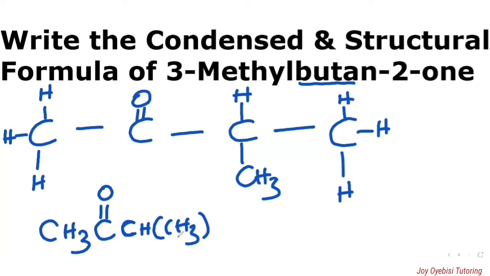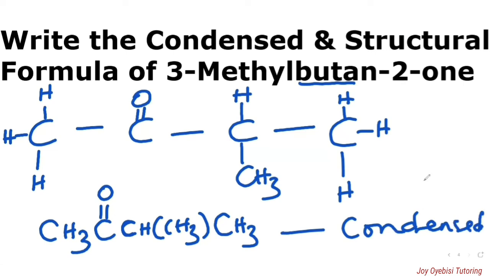For example, if what is here is OH, you do the same thing. You put the OH in brackets to show that that particular OH is attached to the carbon behind it. Then we go ahead to this, and we have CH3. So this will be your condensed formula, and that's up there is your structural formula. All right, so this is how you draw condensed structural formula.